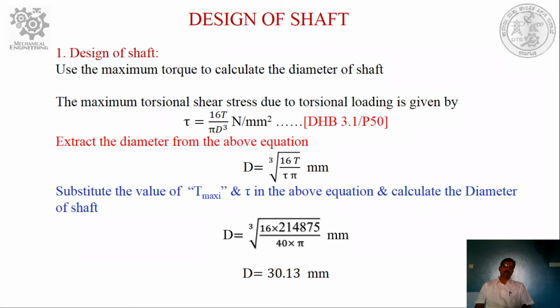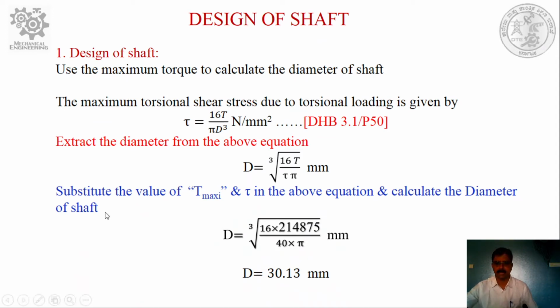Now after calculating the diameter from the power, that is the torque, and the pure torsion equation, select the standard diameter. Standard diameter means the diameter available in the market, because accessories like bearings, pulleys and gears are made for those diameters.